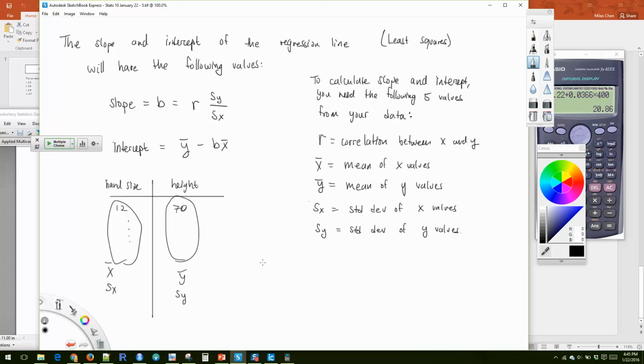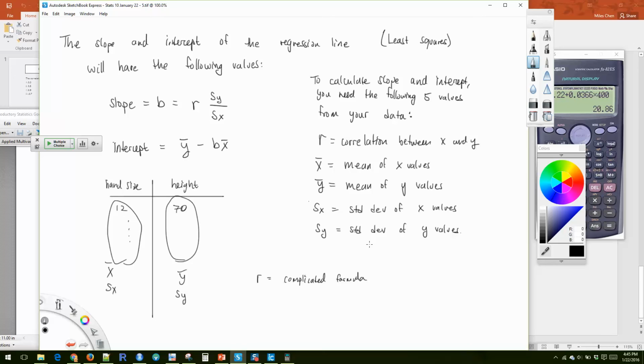Now, correlation, we have not gone over the formula for correlation. So I'm just going to say this is a complicated formula that you don't need to worry about. Okay? And nobody calculates correlation by hand. We could, if we really wanted to. We have the formula. We could do it.